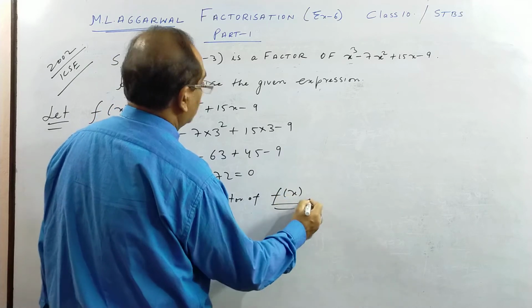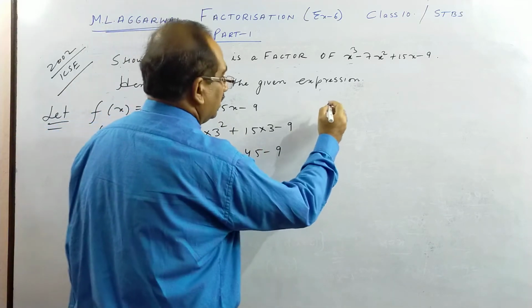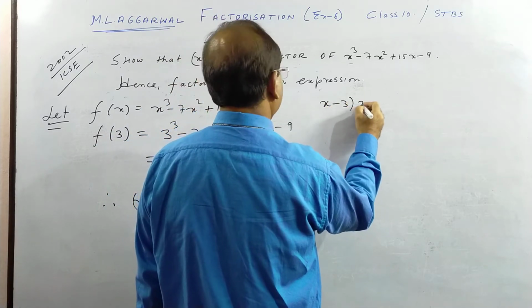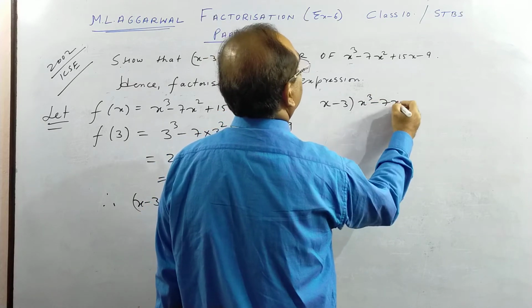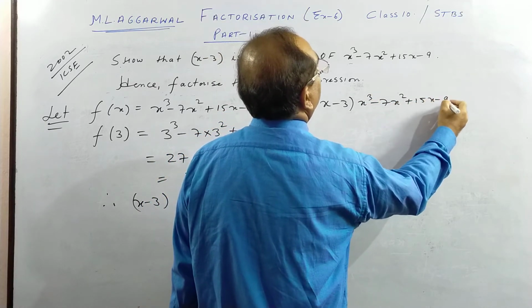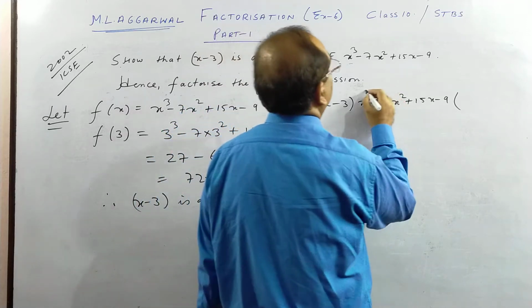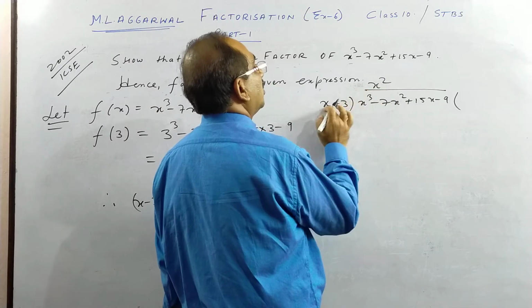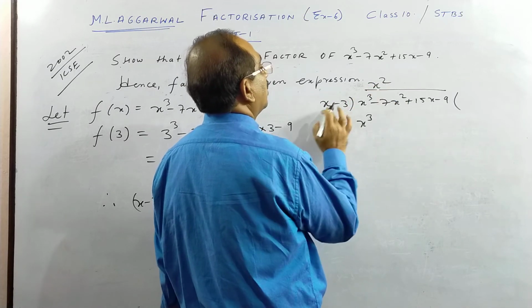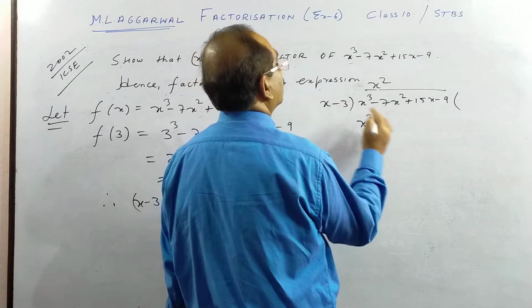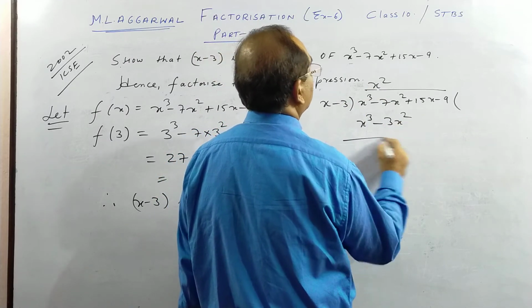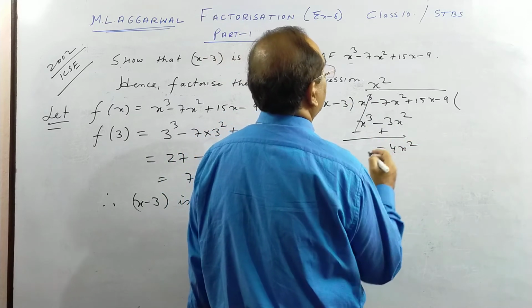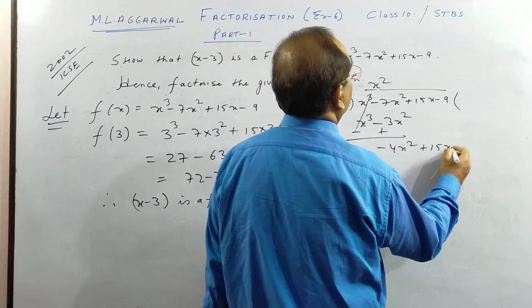You get 1 mark here. I'm writing in short; you can write this in full. Second, by the traditional method, we divide f(x), that is x cube minus 7x square plus 15x minus 9, by x minus 3. x divided into x cube gives x square, so we multiply: x square into x gives x cube, and x square into minus 3 gives minus 3x square. Let us subtract. We get minus 4x square plus 15x.